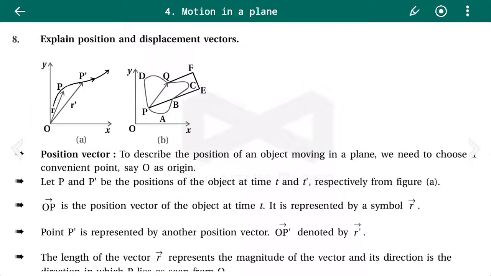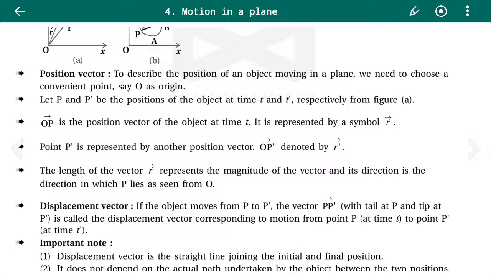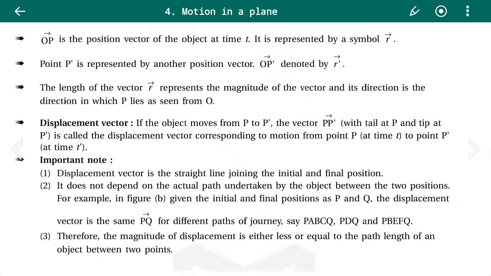So when you join the line from P to P dash, it will give you the displacement vector, right? Because the initial position is P and the final position is P dash. Now important note: the displacement vector is a straight line joining the initial and final positions. So over here P is the initial position, P dash is the final position, and the line joining P and P dash is the displacement vector.